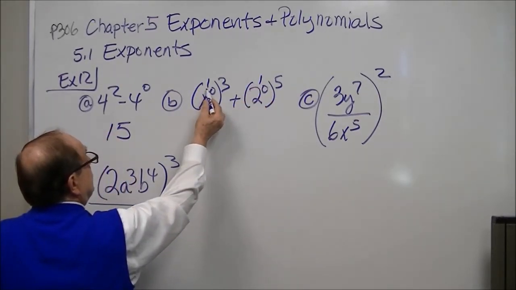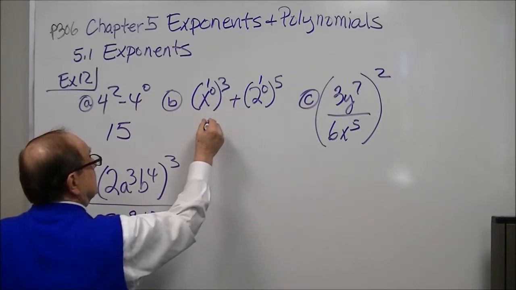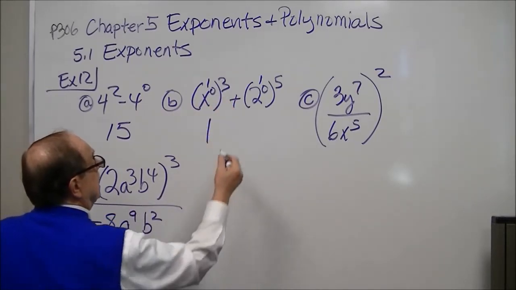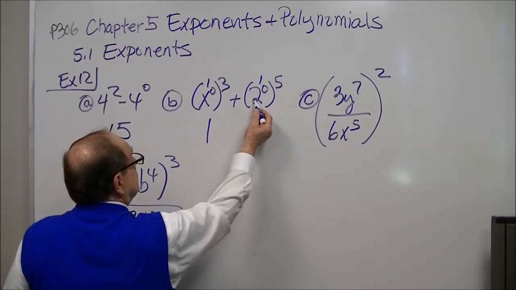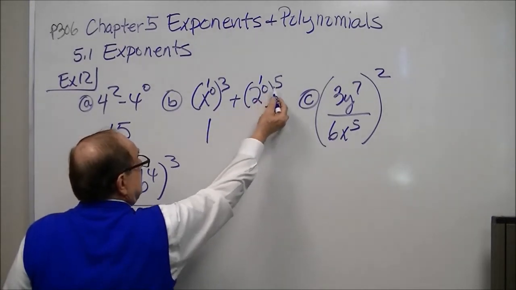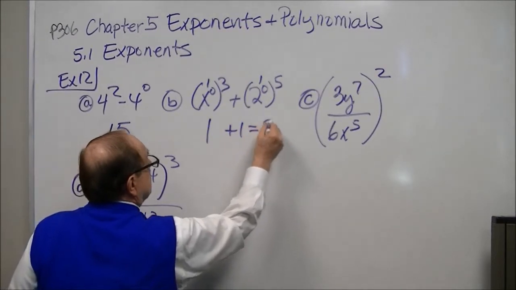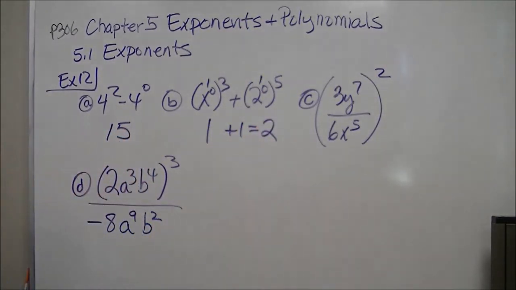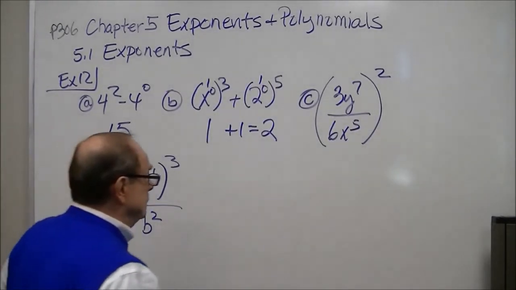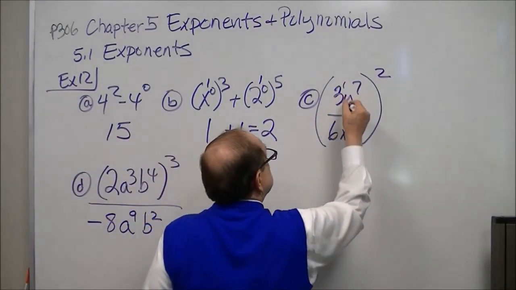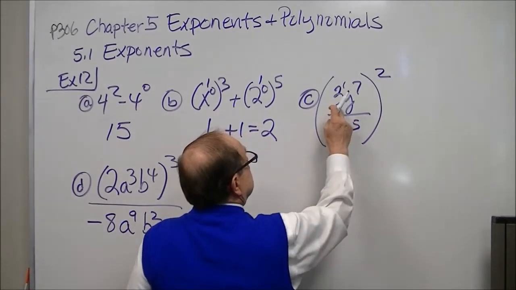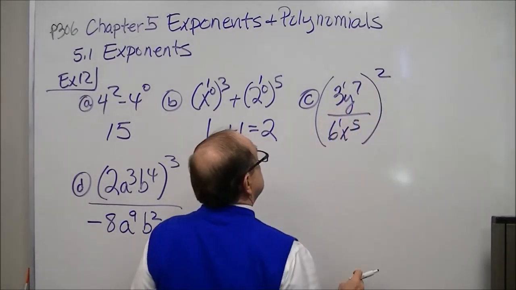So 1 to the 3rd power is 1, and 1 to the 5th power is 1, so this is going to be a 2. And over here, there's a 1 there and a 1 there, so this is going to be 2.